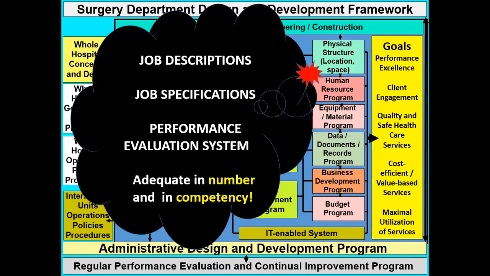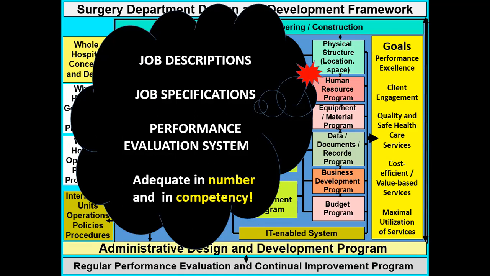As to the human resource program, there must be a document showing job description, job specifications, and performance evaluation system of the staff or the human resource in the department. And what is very important, there must be documentation of the adequacy in terms of number and competency.